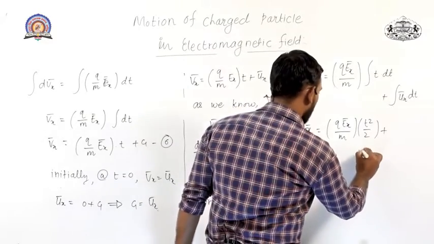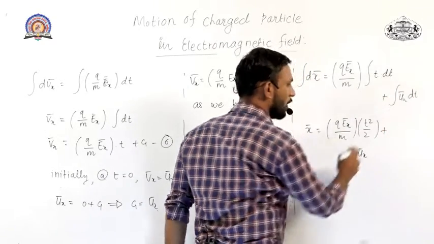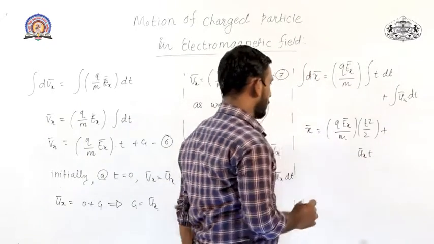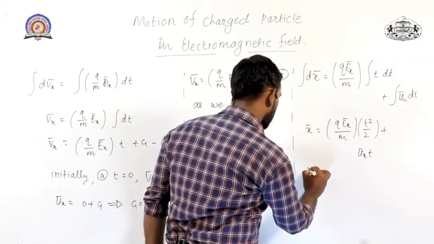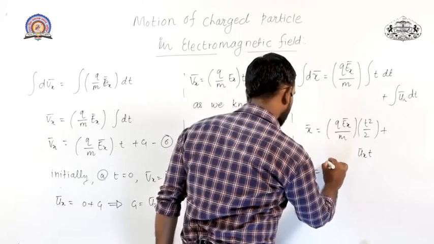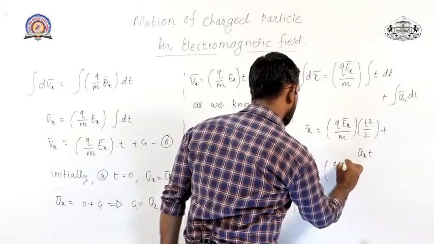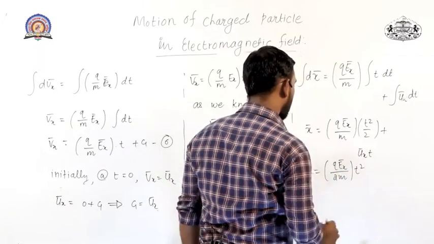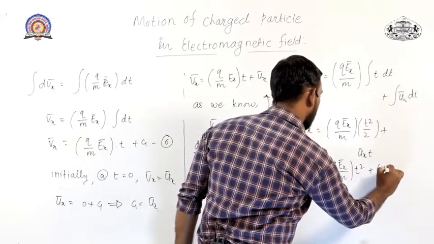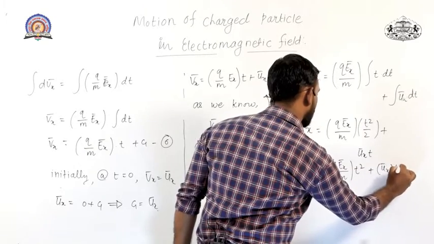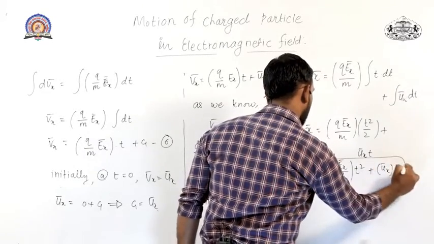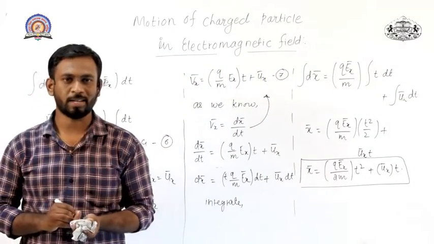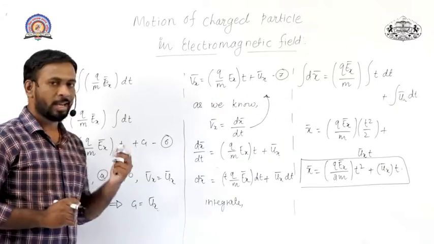So ux as it is, and the integration of dt is again t, so ux t. So rewrite this equation: x is equal to qEx upon 2m into t square plus ux into t. This is the equation of path of the charged particle when it moves in the electric field.